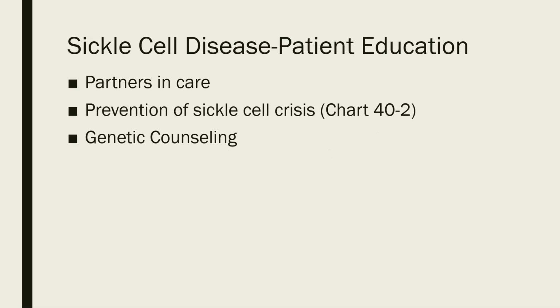So what education do we want to give these patients who have sickle cell disease? Well, remember that we collaborate in our care of these patients with the patients and also with community resources as well to help this patient have the best outcomes that they can.